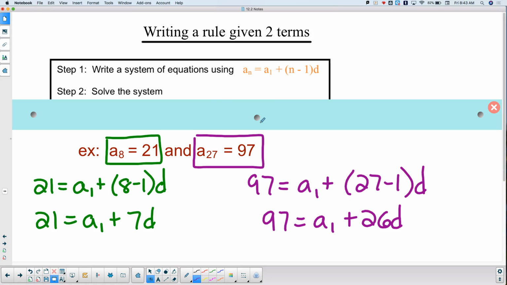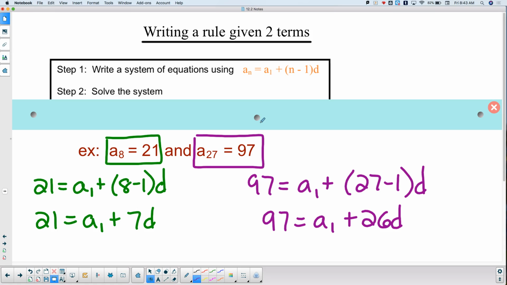Graphing, yay or nay? Heck no. Substitution, could we solve one of the equations for one of the variables? Yeah. Elimination, could we do elimination on it? I'd probably do elimination. I'm a big fan of elimination because we have a sub 1s in both cases.